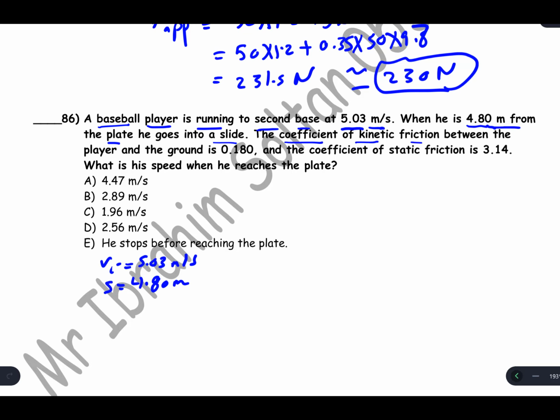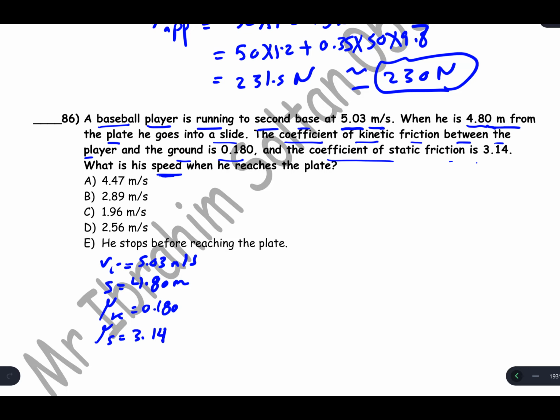The coefficient of kinetic friction between the player and the ground is mu K equals 0.180, and the coefficient of static friction, mu S, is 3.14.